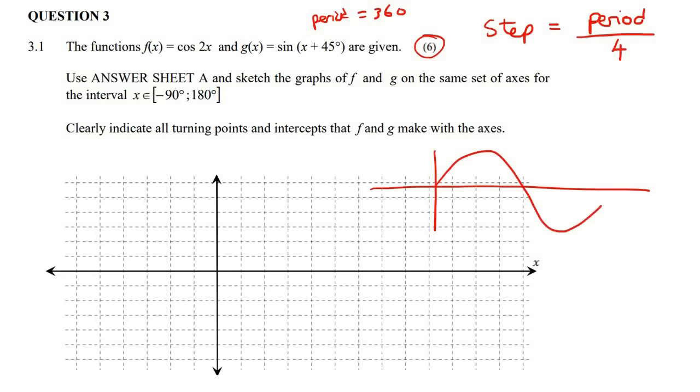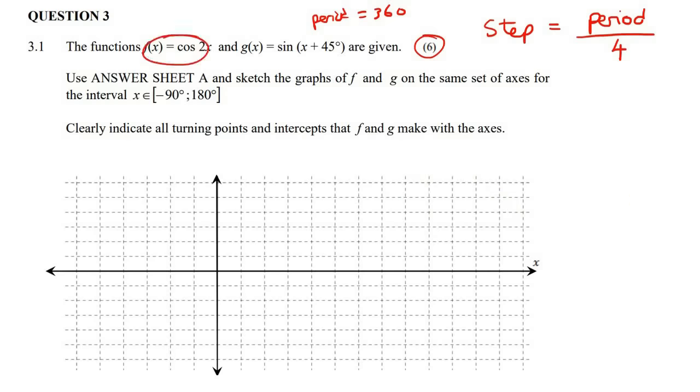What I mean by that is the following. A sin graph goes to 360. A cos graph also does that. If you move the graph a little bit left, then it's just going to look like that. But that distance from start to finish is still going to be 360. A normal cos graph is 360 degrees.